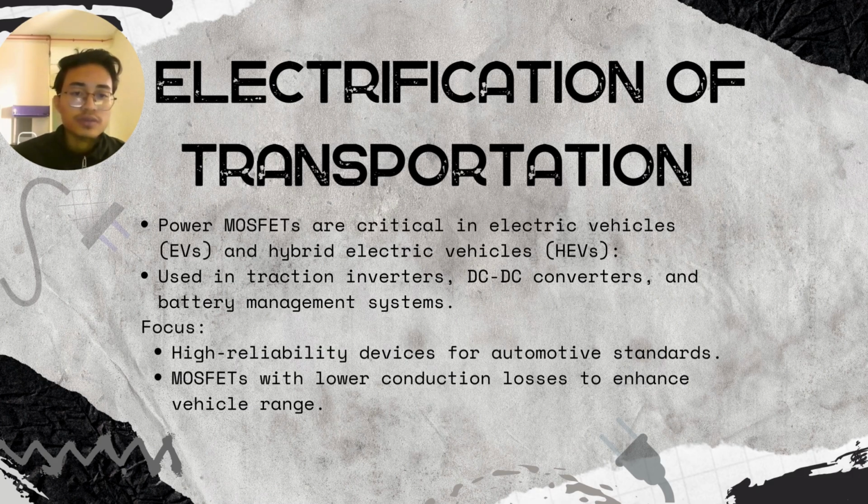They are also used in traction inverters, DC converters and battery management systems. The priority focus is on high reliability devices for automotive standards, and power MOSFETs with lower conduction losses to enhance vehicle range.